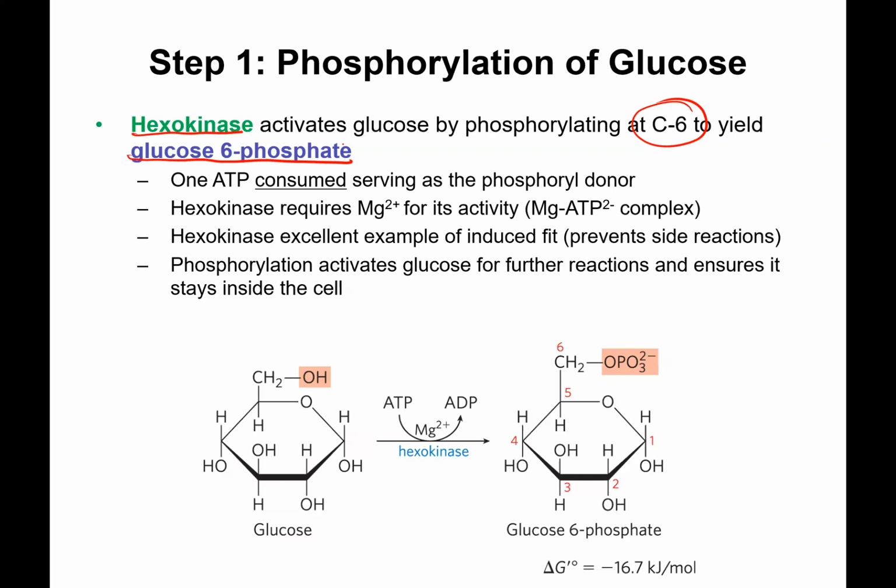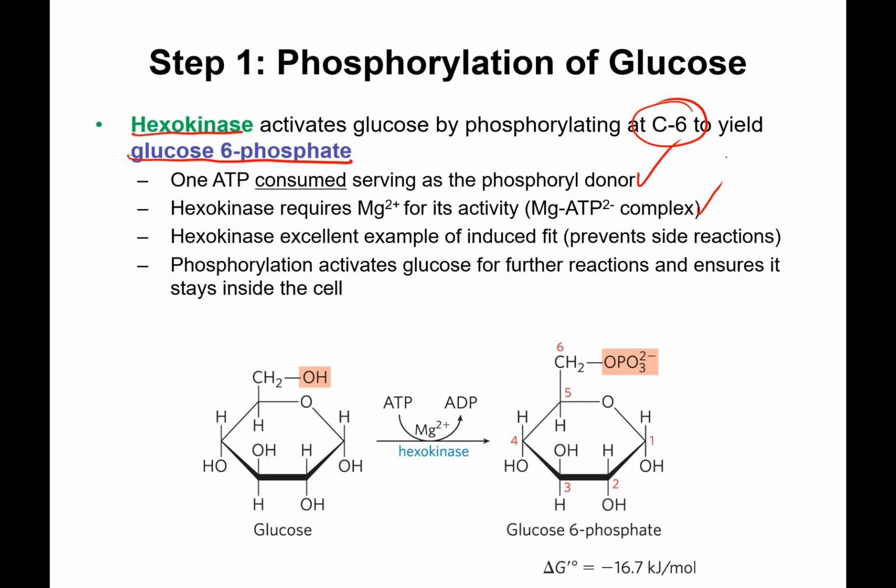What are a few things that we want to say about this reaction? Well, 1 ATP is consumed, right? Hexokinase, like a number of enzymes in the glycolytic pathway, requires magnesium 2+ as a component of the enzymatic reaction.